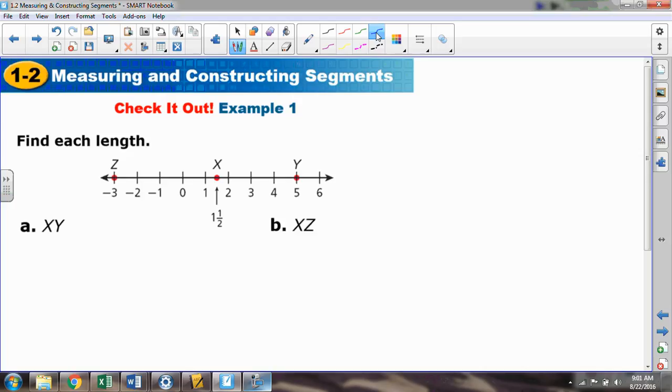Not exactly 4, because check the location here. That's at 1.5. So this is a distance of a half. 1.5, 2.5, 3.5. We can count out basically using a ruler and get this distance as 3.5.